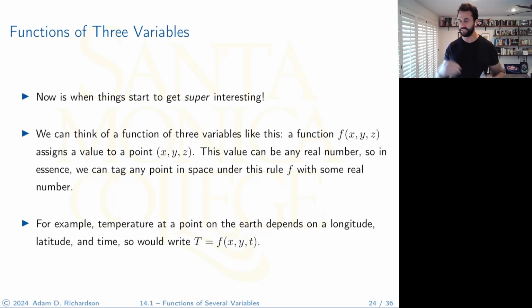Like, there's a temperature right here where I'm standing in space, right? But the temperature changes depending on the time. So we can talk about temperature as a location given by latitude and longitude, and then also a time. And now we have a function of three variables. And so, yeah, this is where things get interesting.